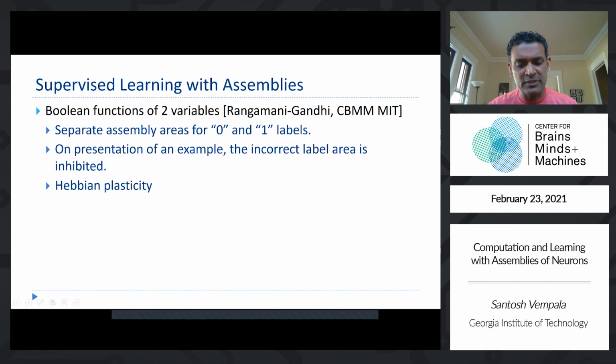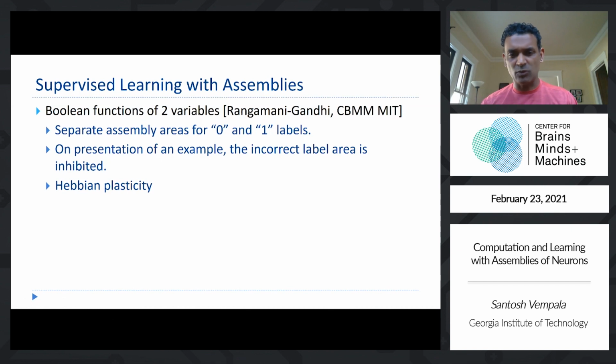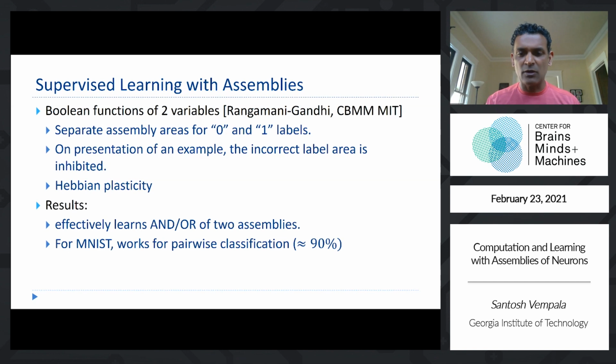And then when you present an example, this is a version of supervised learning, if its label is 0, then all connections to the one label are disinhibited. And then it's just Hebbian plasticity that changes the weights of the ones that are allowed to be happening. And then if you present the next example and its label is 1, the connections to 0 are disinhibited and so on. So you do this, and it learns ands and ors of two inputs.